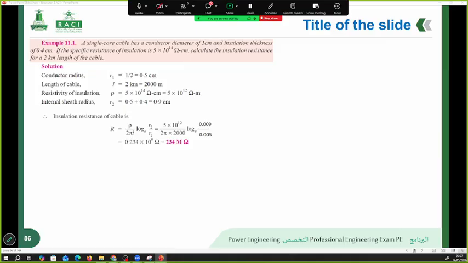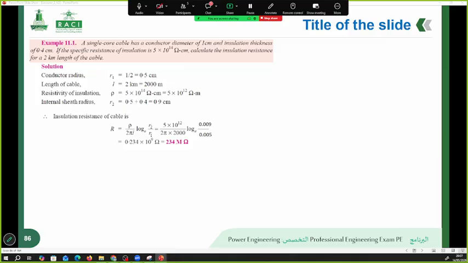The cable length is 2 kilometers, and the insulation resistivity is provided in ohm centimeter, which is carefully converted into ohm meter for consistency in SI units.